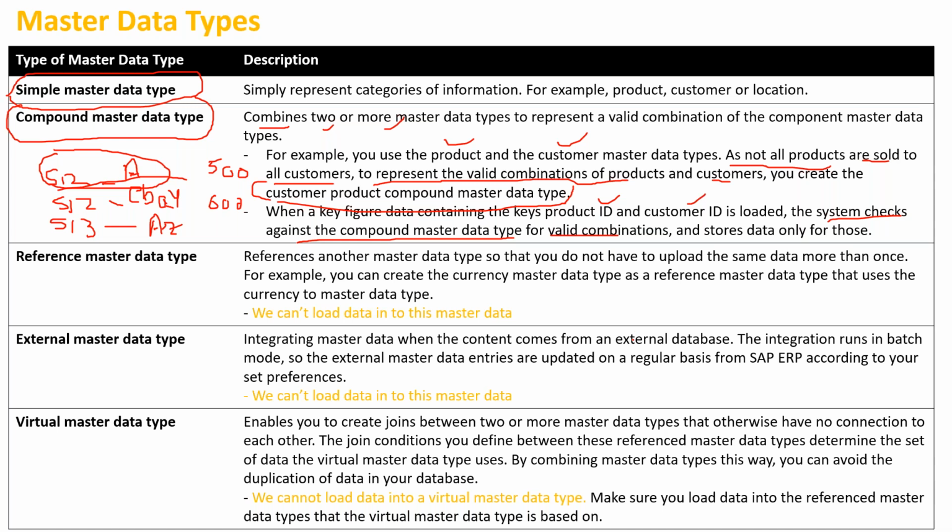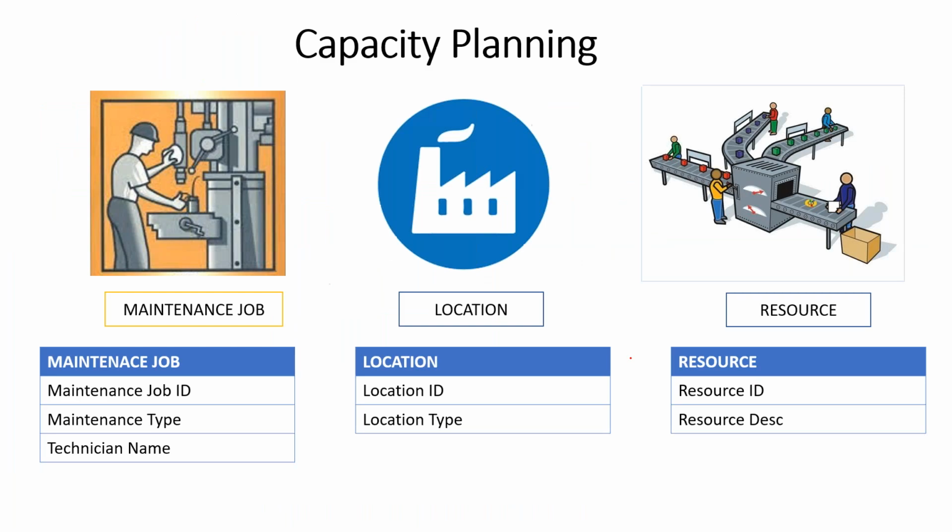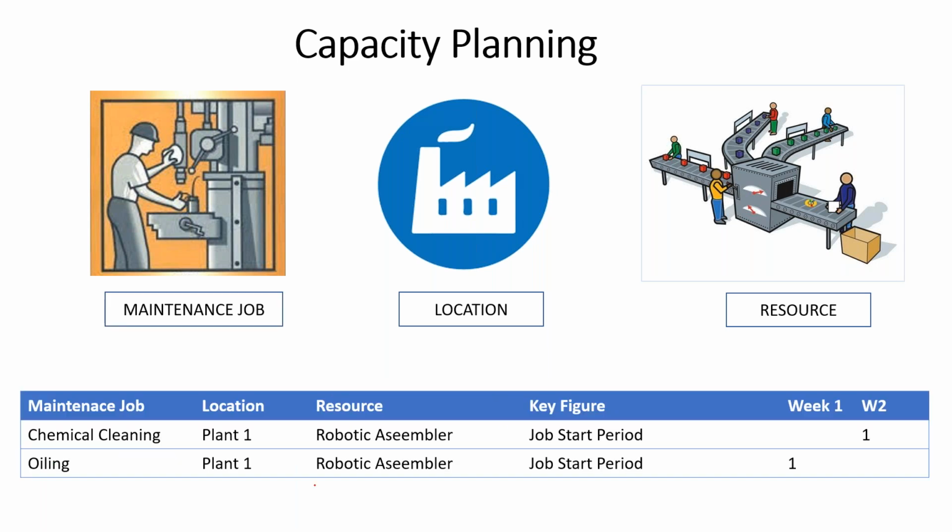So now, what compound master data can we create here? I obviously have to map my maintenance job with the location and the resource, because one location can have two resources. Here you can see plant one has a robotic assembler, and let's say there's also a manual assembler.